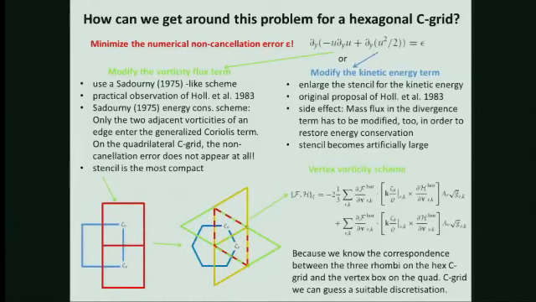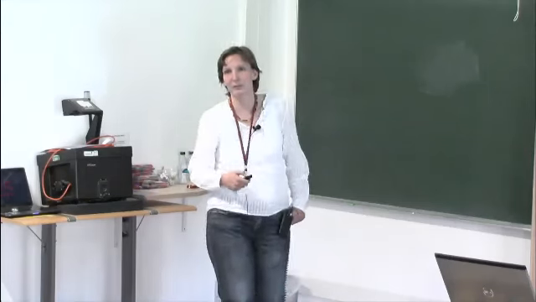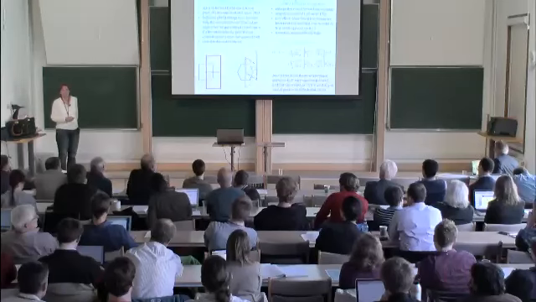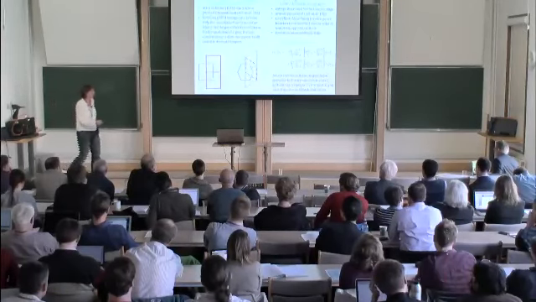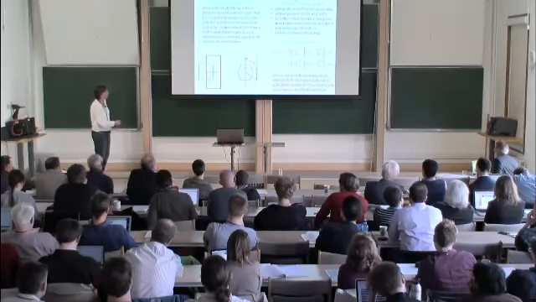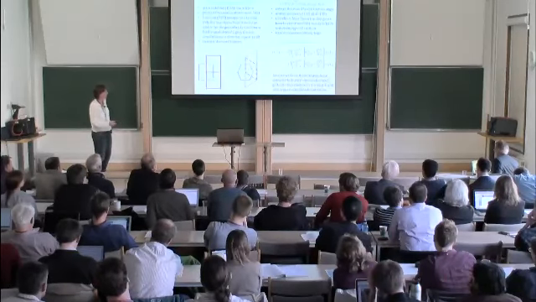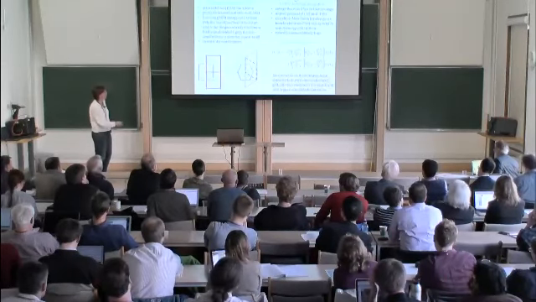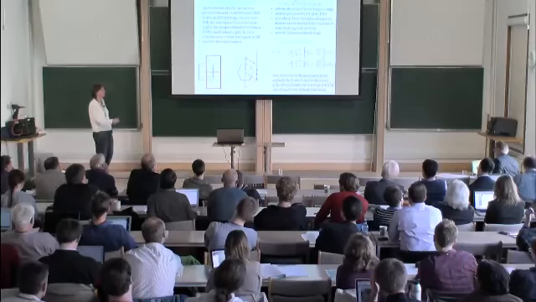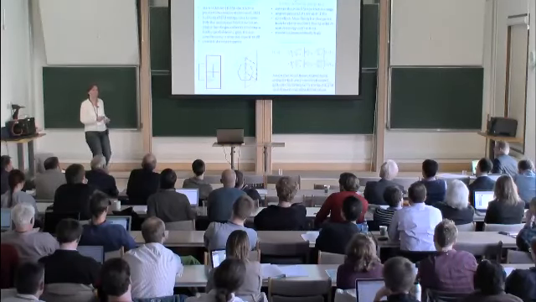But it was using all the edges which are around this hexagon. And I figured out how I can get an energy conserving scheme which at the same time does not have the Hollingsworth instability because it uses only the vertex vorticities. So this is a trick. And here you can see the part of the Poisson bracket which does this. It seems to be a bit complicated, but it is in fact not so complicated if you code it up.